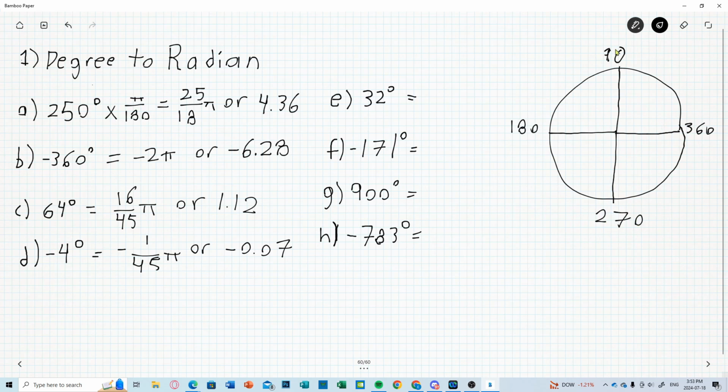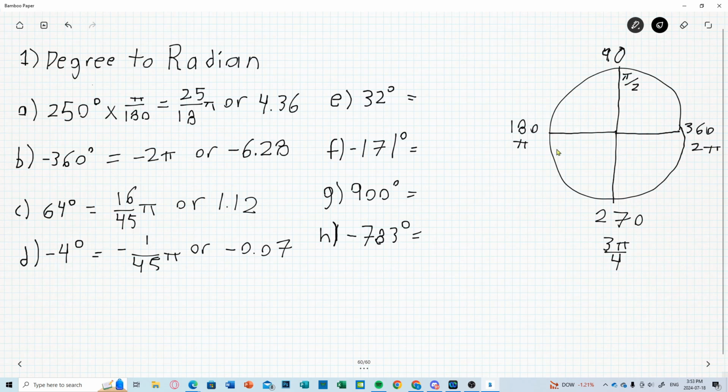The difference is when this is in radians, this number, instead of being 90, will become pi divided by 2. 180 will become pi. 270 degrees will be 3 pi divided by 4. And 360 degrees will become 2 pi.